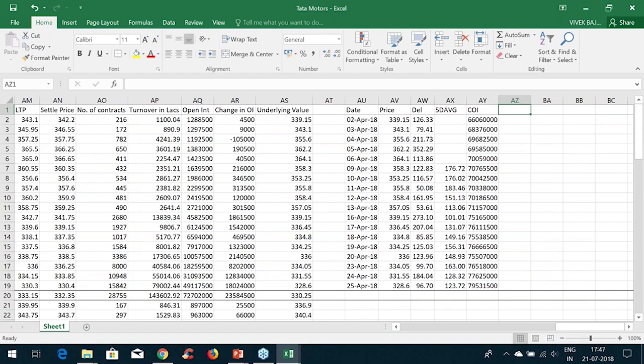So as I said, the change in open interest should be change in the cumulative open interest. You cannot see change in open interest at a standalone level. So change in cumulative open interest, this minus this. So this is your absolute change in cumulative open interest. So this is the actual increase in open interest of this stock.